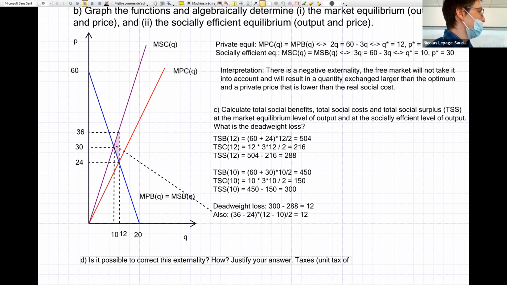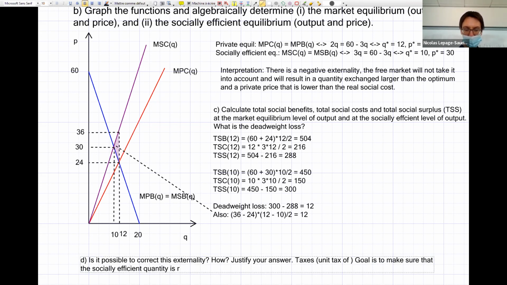A bit higher, I think. Yeah, so let's go ahead and do that. So unit tax, I'm not going to say half of what because I haven't computed it. So the goal is to make sure that the socially efficient quantity is reached by the market.